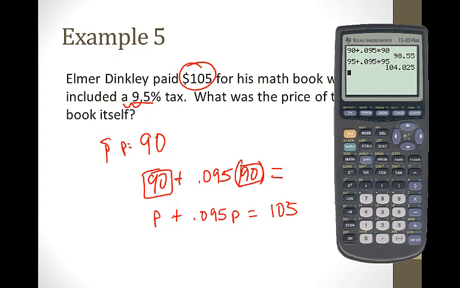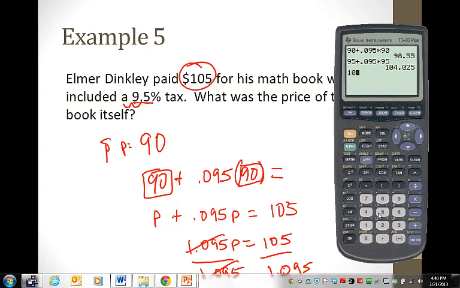So 1p plus 0.095p is 1.095p equals 105, and then divide both sides by 1.095. So our mechanics are exactly the same as when we didn't have decimals. The calculator does not freak out like we do when it sees decimals. 105 divided by 1.095, and we get 95.89.